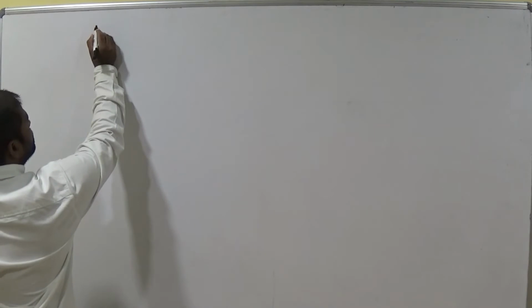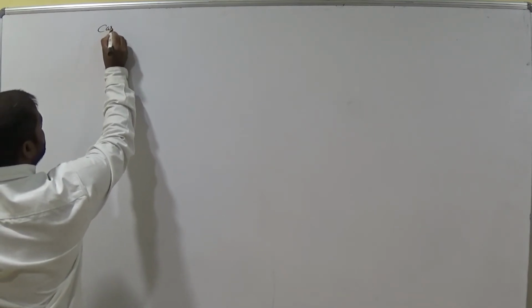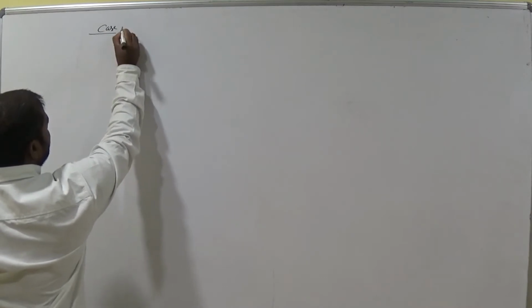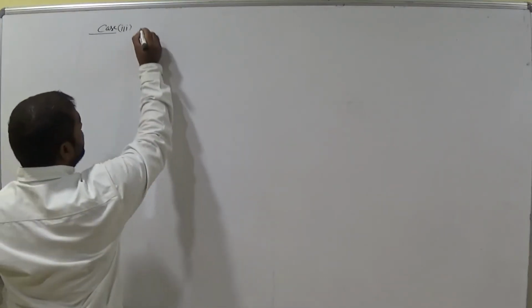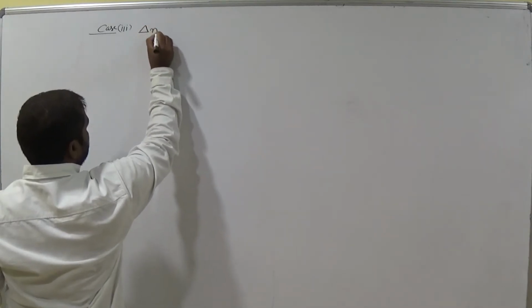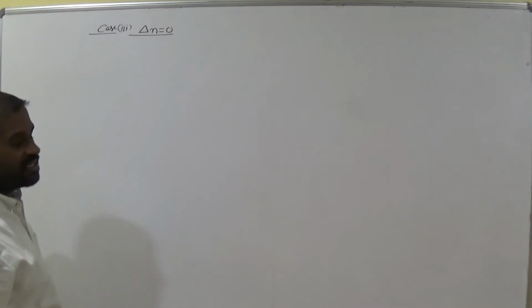So now the third concept, case 3. In case 3, delta n is equal to 0.